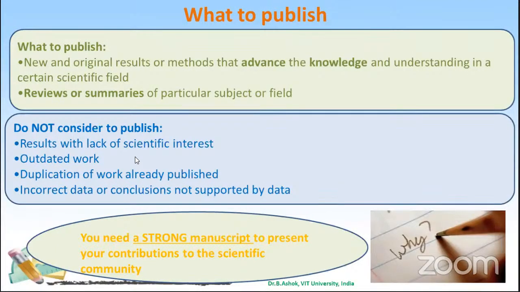So what kind of content can be published? Whatever results can give an appropriate solution to the problem you have found, followed with a proper methodology, can be published. It is new and original results or methods that advance the knowledge and understanding in the scientific field you have chosen.